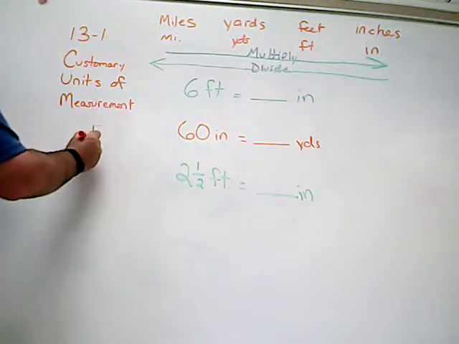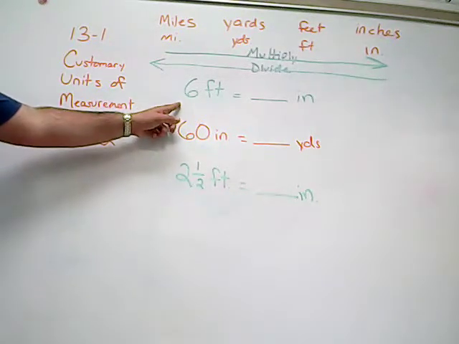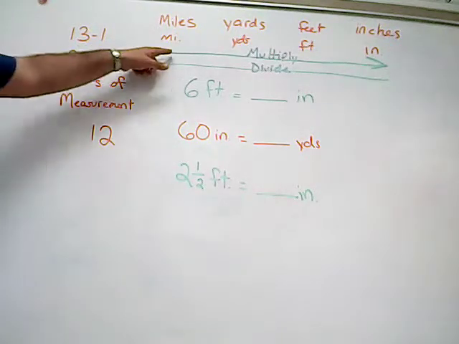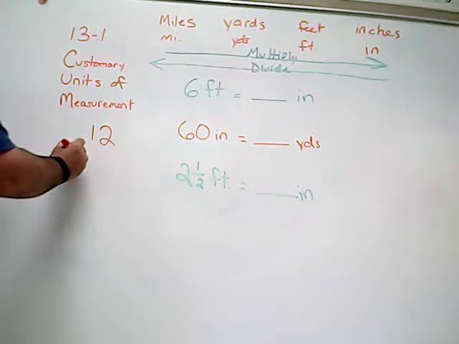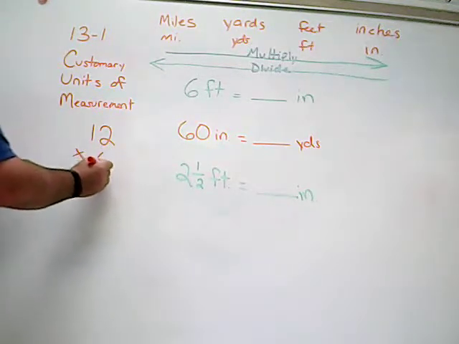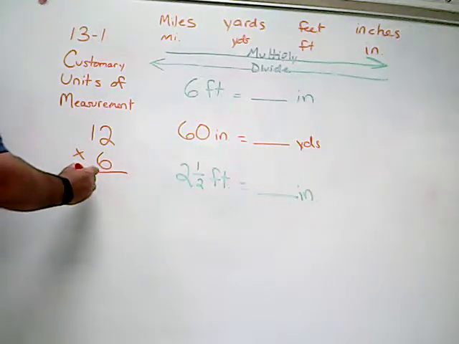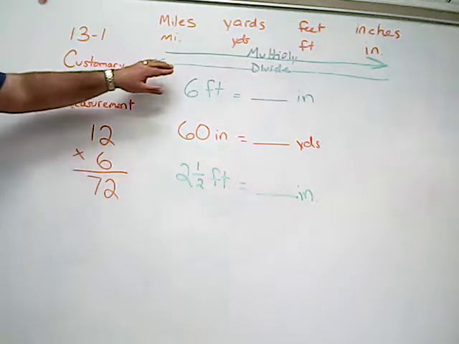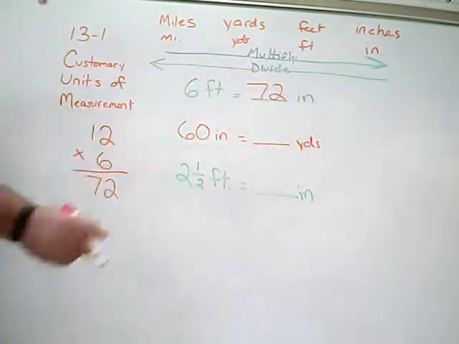But I'm not talking about just 1 foot, I'm talking about 6 feet. So I'm going to multiply my 12 inches in 1 foot times the fact that I have 6 feet, and I have found that 6 times 12 is 72. There are 72 inches in 6 feet.